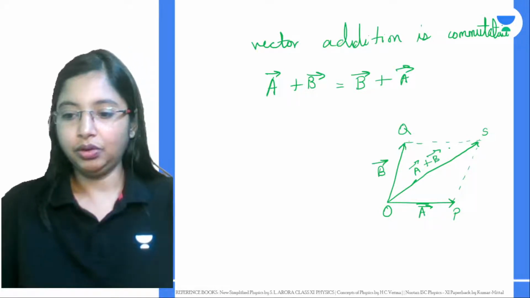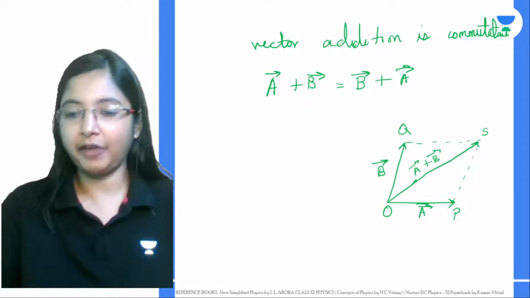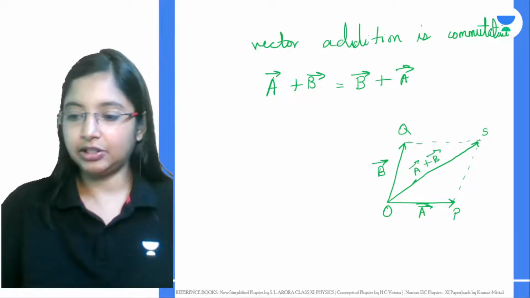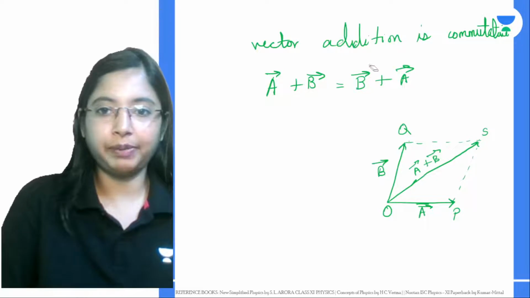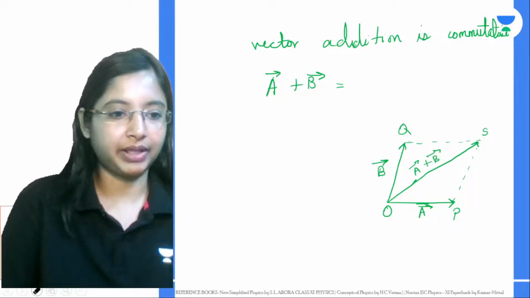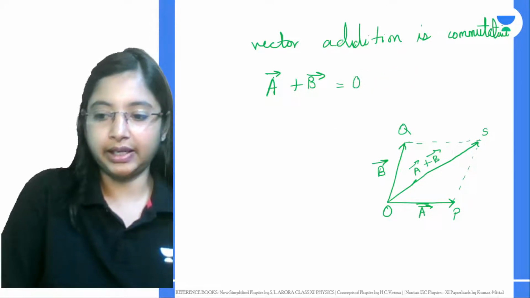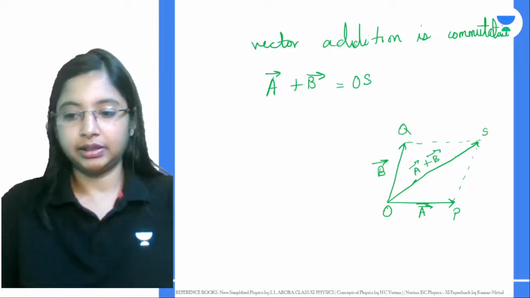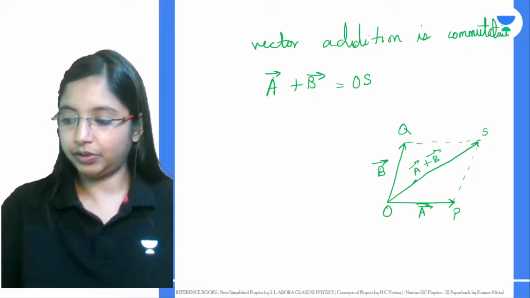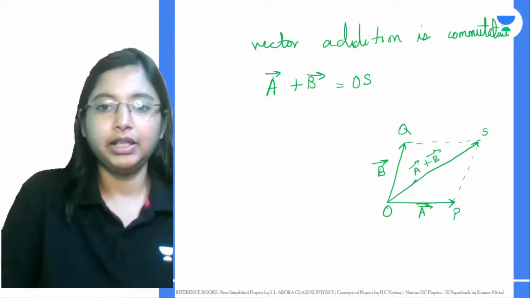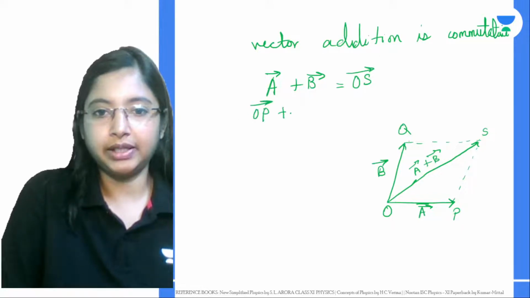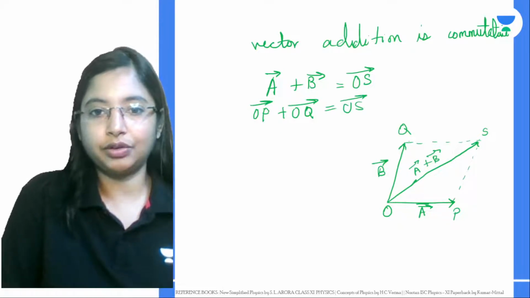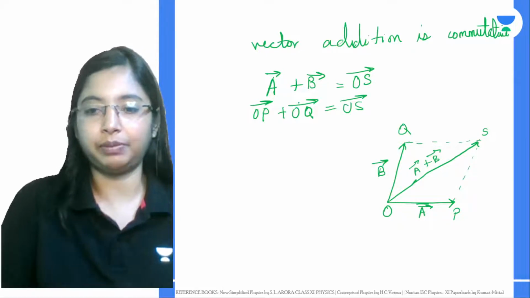So if you look at the parallelogram, A vector plus B vector is equal to the side OS. You can also say that OP vector plus OQ vector is equal to OS vector; instead of OP and OQ, we have substituted A and B.